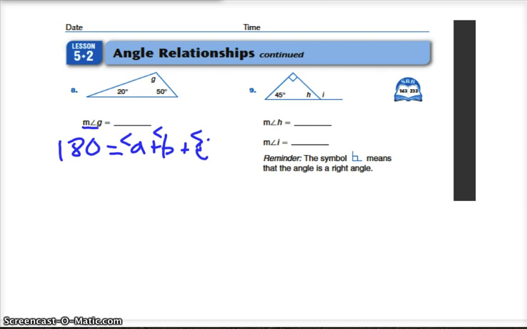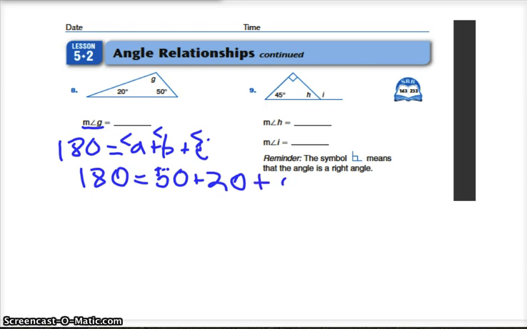You want to write it more like this, but I'm a little sloppy. So we can plug in some numbers. We know that we're going to equal 180, and they've given us the degrees of 50 and 20. So we've got to find out what G equals.